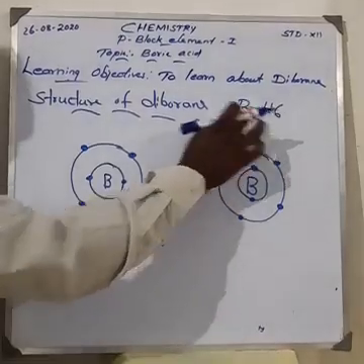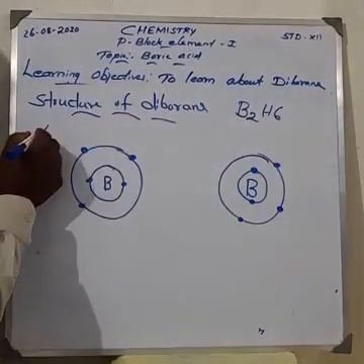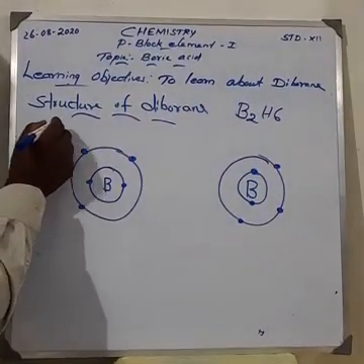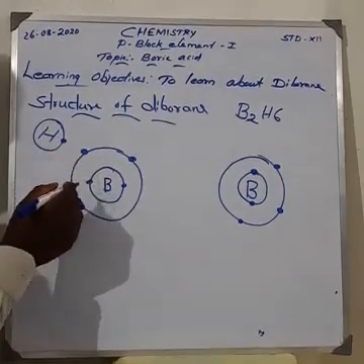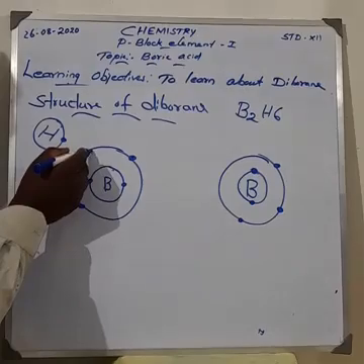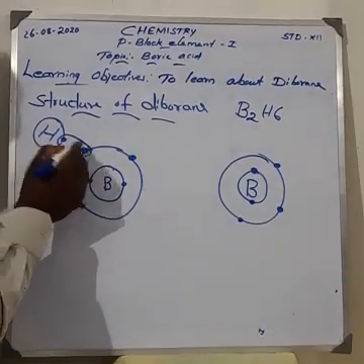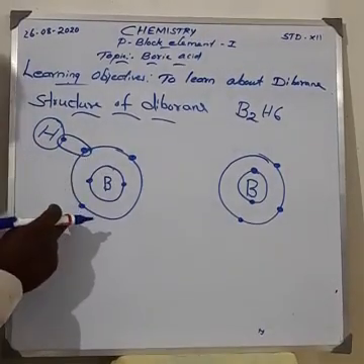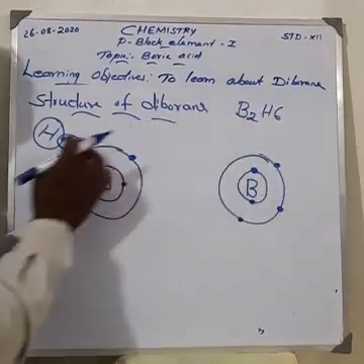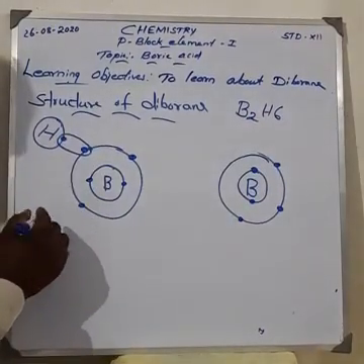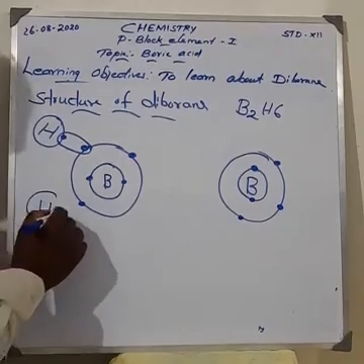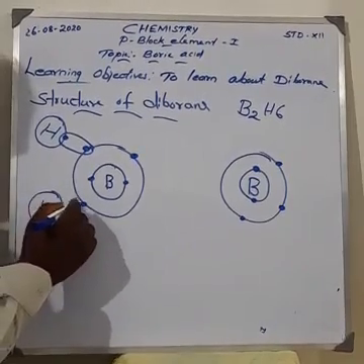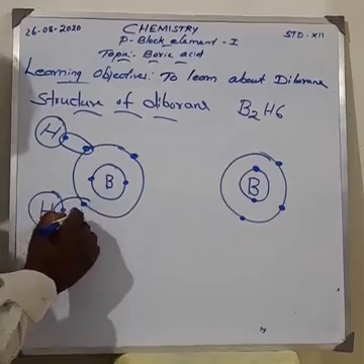Next I am accommodating hydrogen. Hydrogen has 1 electron in its first shell, and there is a bond between hydrogen and boron. There are a total of 6 hydrogens. The second hydrogen has 1 electron in the outermost shell, with a bond between hydrogen and boron.